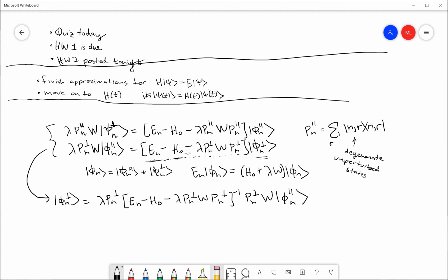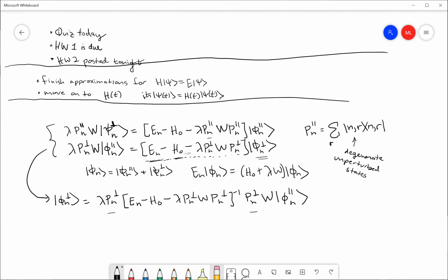So you always want to sandwich your operators between the projection operators, kind of like we did here with these W's, because that's the transformation rule for operators. If we want the operator that's in the projected space, then we would multiply by the projection operator on both sides.